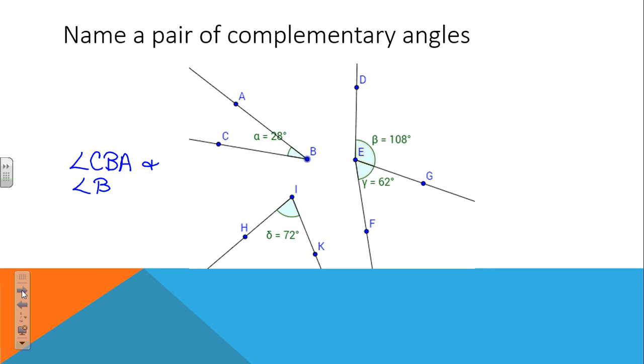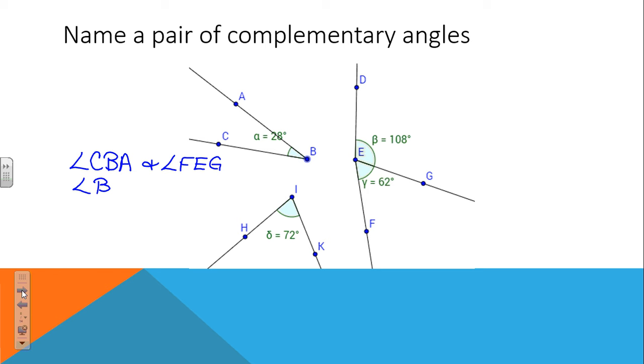FEG. Can she name this just plain angle E? Why not? There's at least 2 angles, if not 3 here at angle E, right? So she had to use the 3-letter combo. She made sure her E was this middle one. The vertex is always the middle of the angle name. Good job. All right, next one.